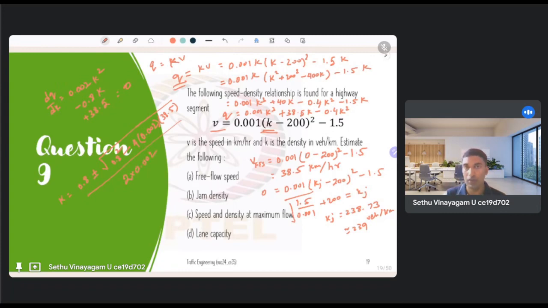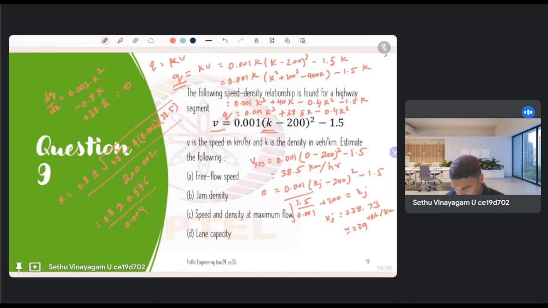Okay, so we'll get two roots for this. 0.8 plus or minus square root of 0.576 by 0.004.